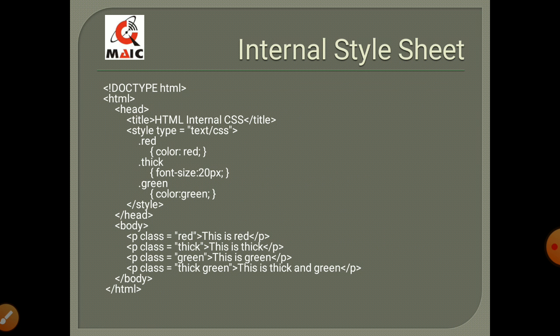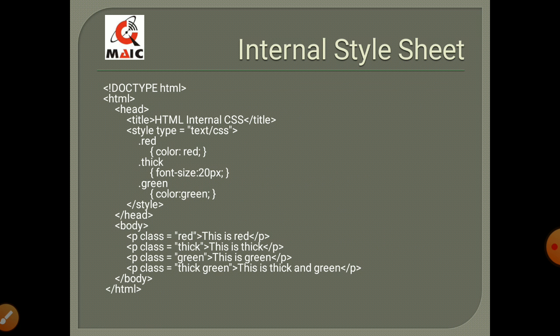Now we start with a header, we write title, and then we start with our style tag. Style tag, and this is the attribute that says it specifies that it is text/css. Now again, here we are using CSS class, like we have already specified.